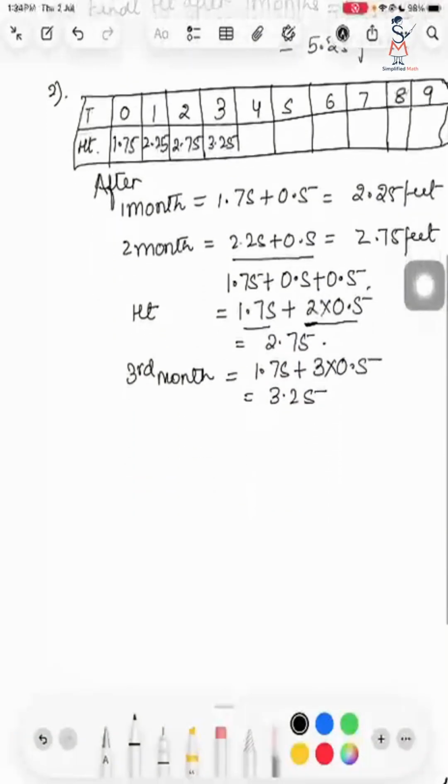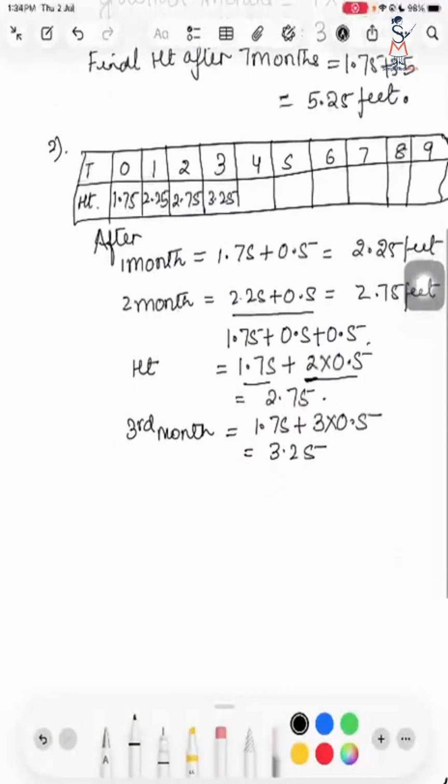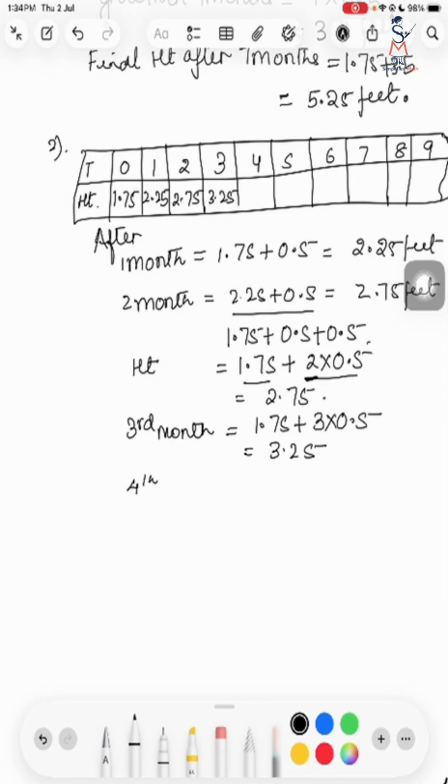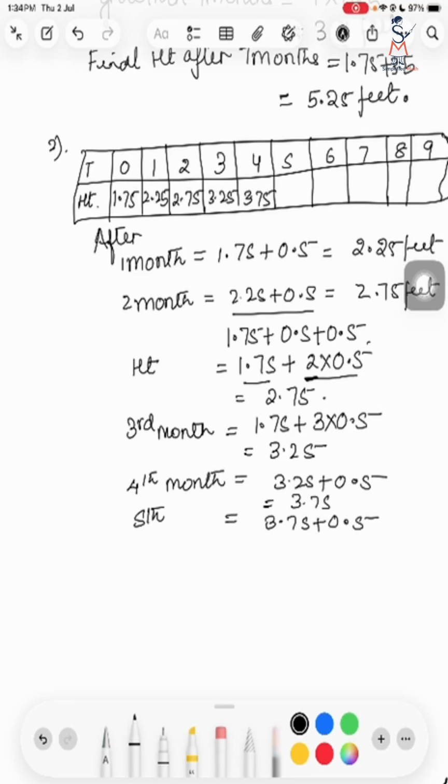Now for all the months, no need to calculate. You can just do it by calculating fourth month. Simply you can write 3.25 plus 0.5, that is 3.75. For the fifth month, this is 3.75, 3.75 plus 0.5, that will become 4.25. So on, it will keep on increasing with 0.5 each time with the previous one.